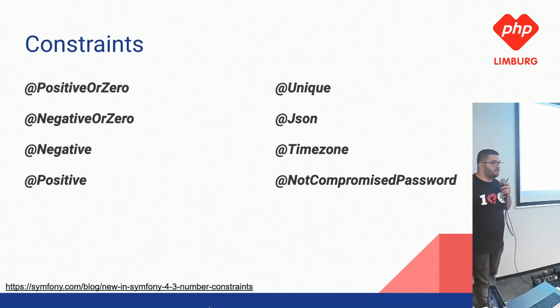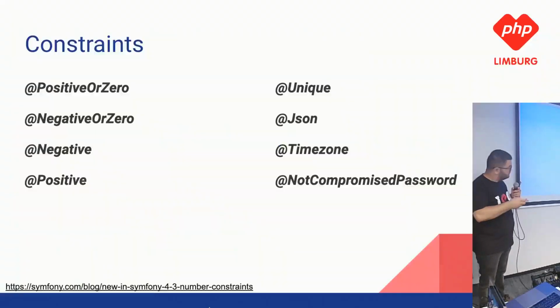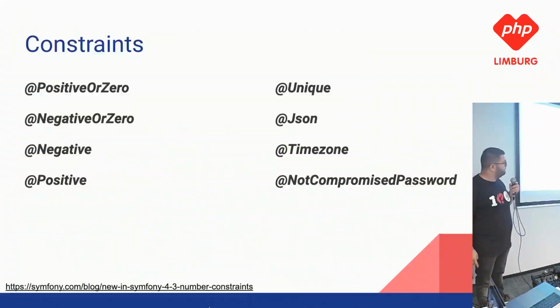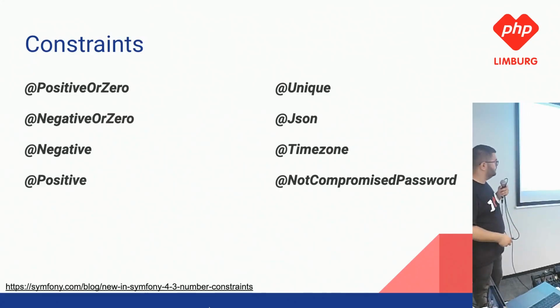Unique will validate that the elements in an array are unique. JSON will check that the provided value is a JSON value, and time zone, there you can specify that a given time zone belongs, for example, to a continent. For example, if you want to only have time zones from Asia.